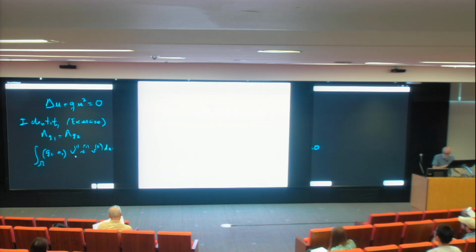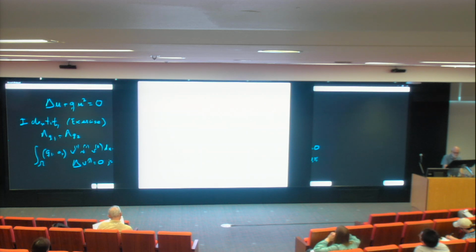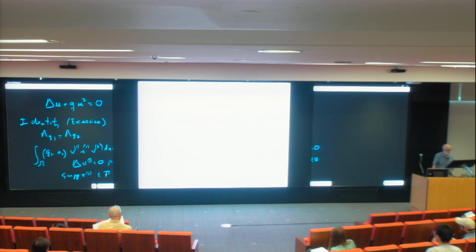But these are harmonic functions. So the Laplacian of vj is equal to 0, j equal to 1, 2, 3. And the support of the vj's is contained in gamma. Okay, so exercise: show this identity. It is just again second order linearization.